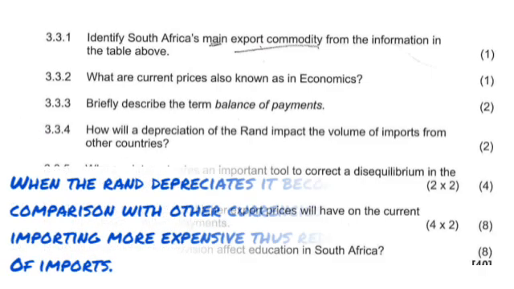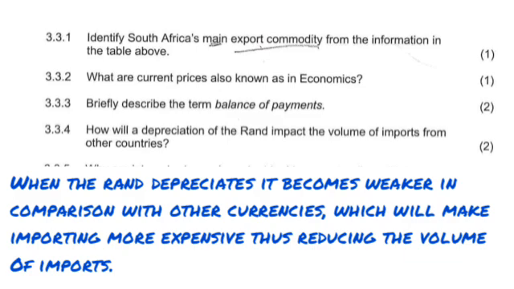So when the rand depreciates, it becomes weaker in comparison with other currencies, which will make importing more expensive, thus reducing the volume of imports. Because if it's more expensive, we cannot buy as much as we used to buy. So the volume of imports into the country is going to reduce significantly.